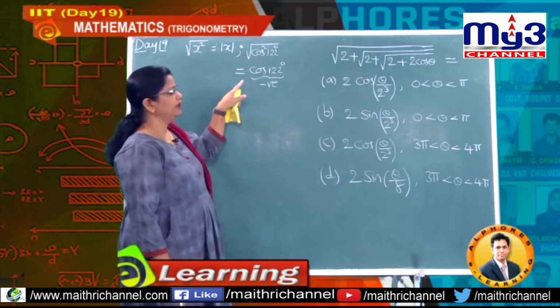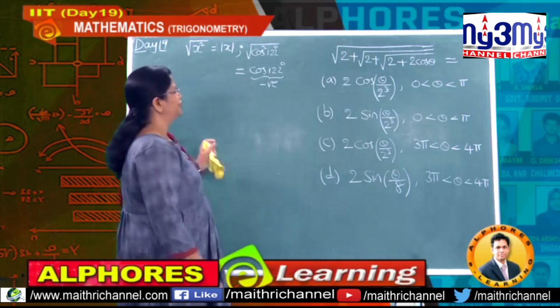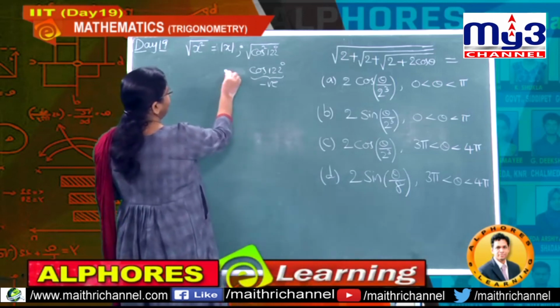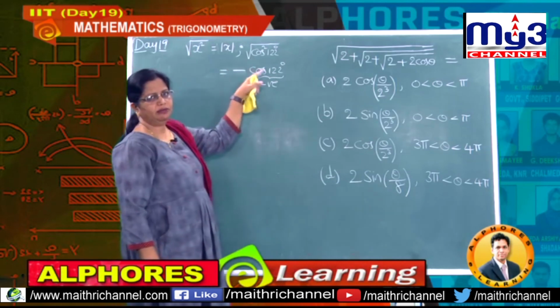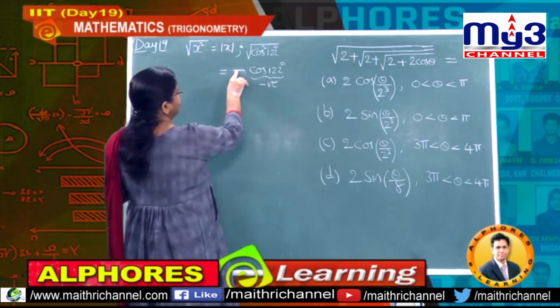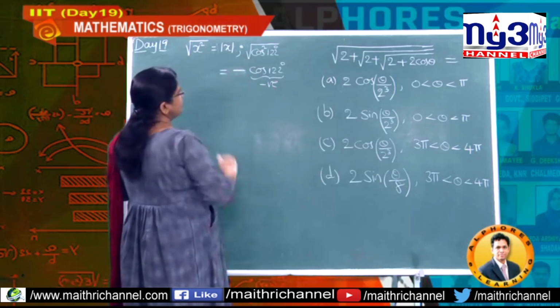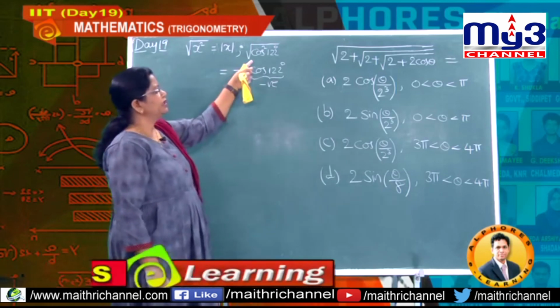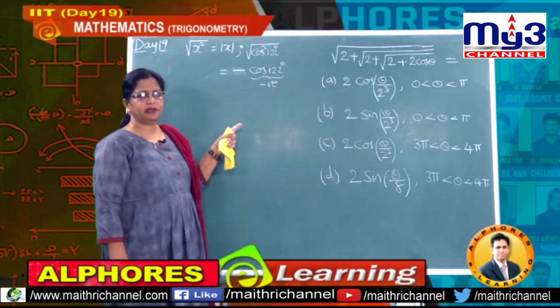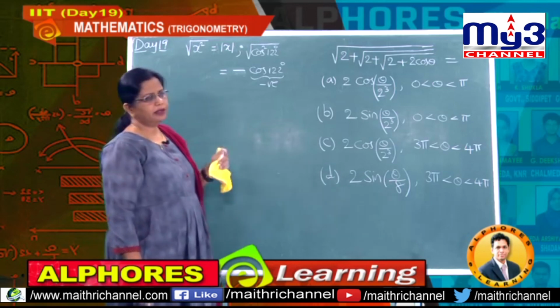So now you have to get a positive answer. To obtain positive, you have to put an extra minus to make the entire value positive. So this is negative, so minus into minus, finally the answer is positive. We have already done this observation in the concept of trigonometric ratios and identities.